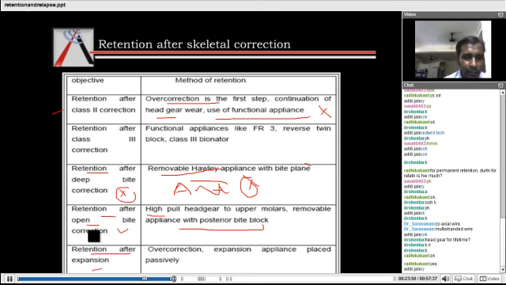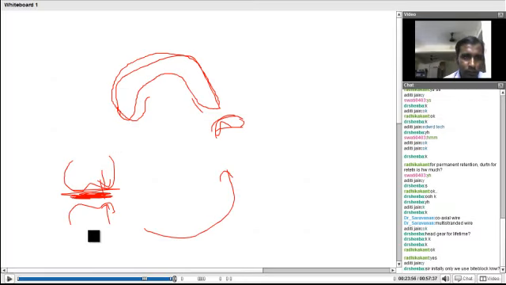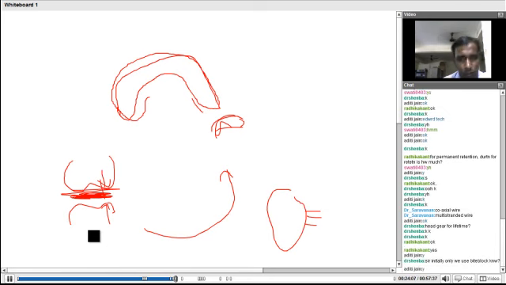Retention for expansion, you can use the same appliance used for correction. Suppose, I'll tell you, this is the expansion appliance. You have an expansion screw like this. Okay, everybody is following me? You can continue with the same bite blocks. See, this is a retention thing.